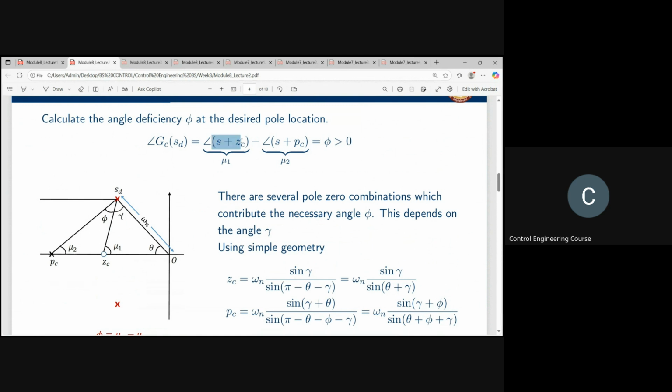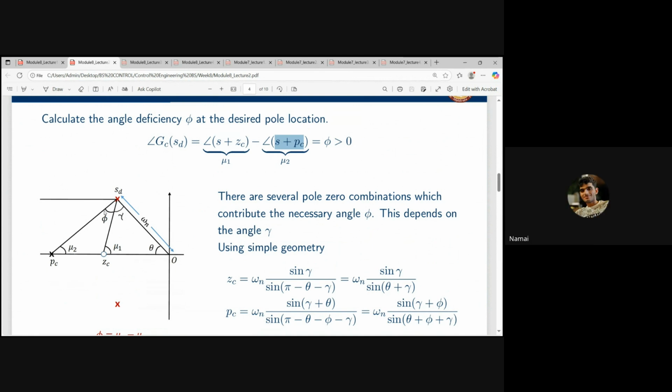So this part you see here, the angle of this guy, SD plus ZC, is basically mu1. The angle of this guy, SD plus PC, is nothing but mu2. The difference of these turns out to be phi.